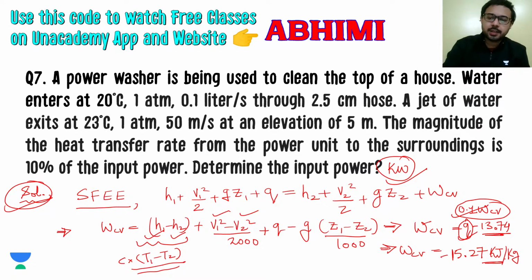So when we multiply this with the mass flow rate, we can get the power input.